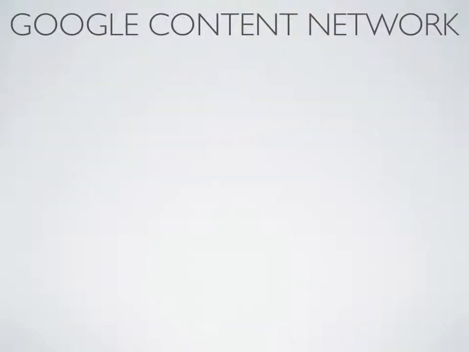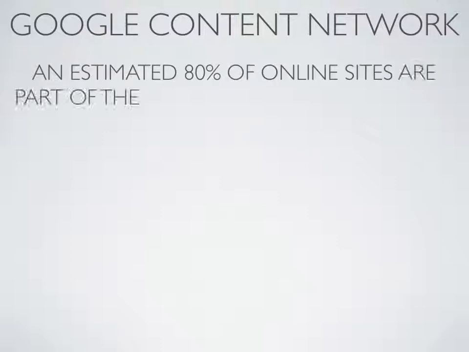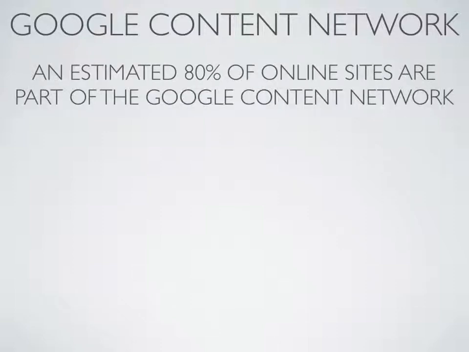Pretty cool, right? Now, the next style of traffic that we've tapped into is called the Google Content Network. An estimated 80% of online sites are part of the Google Content Network. And what that means is when you're on CNN.com or any of those major sites and you see banner advertisements on those websites, those are actually served through Google's pay-per-click network.